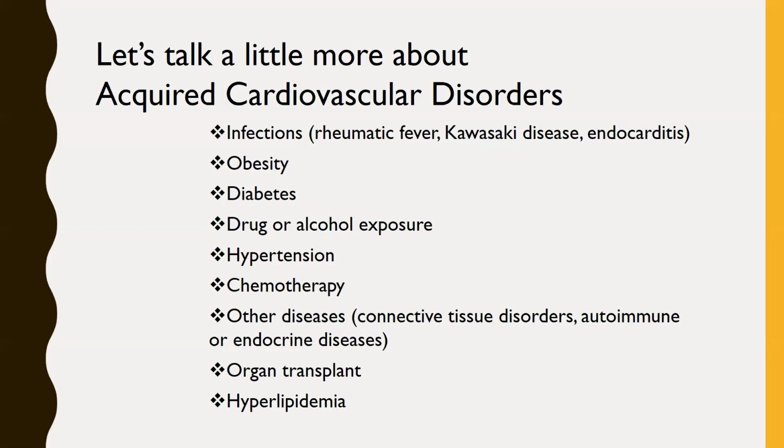Now it's time to pivot and talk a little bit more about acquired cardiovascular disorders. Again, these can be due to infections, obesity, diabetes, drug or alcohol exposure, hypertension, chemotherapy, other diseases, organ transplant, or hyperlipidemia.